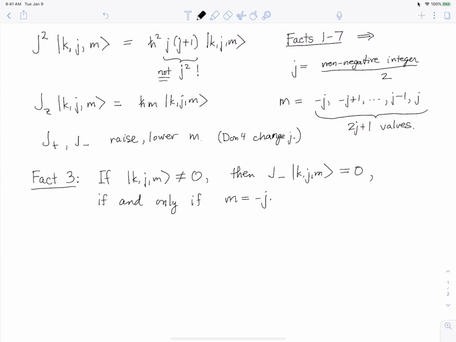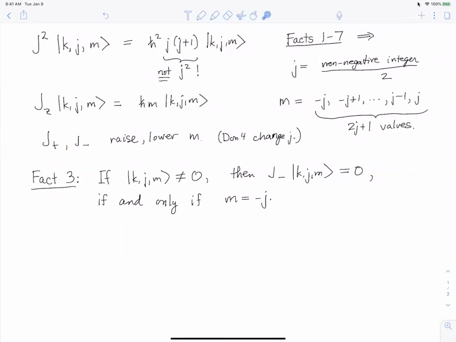That's another way of saying that J minus is trying to lower m, but if m is already as low as it can possibly be, then you get the null state. Conversely, if you act with J minus and find out that you got the null state, then it had to be true that m was already minus j.